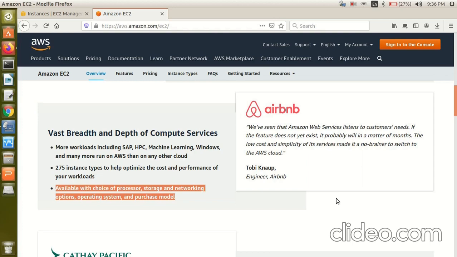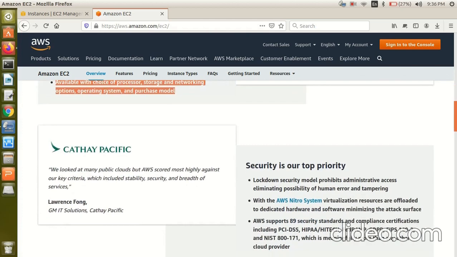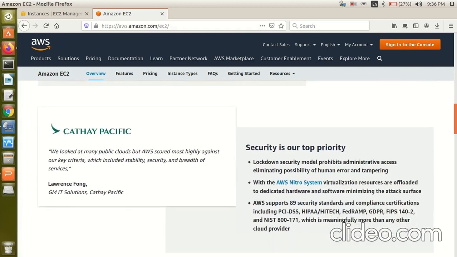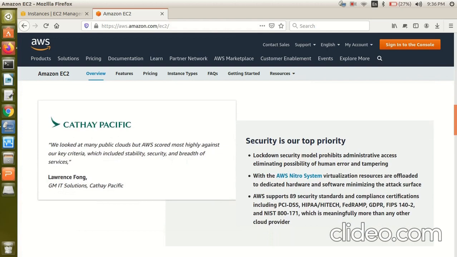Another testimonial that we can see here is of the leading airline, Cathay Pacific. They say that we looked at many public clouds, but AWS scored most highly against our key criteria, which included stability, security, and breadth of services.